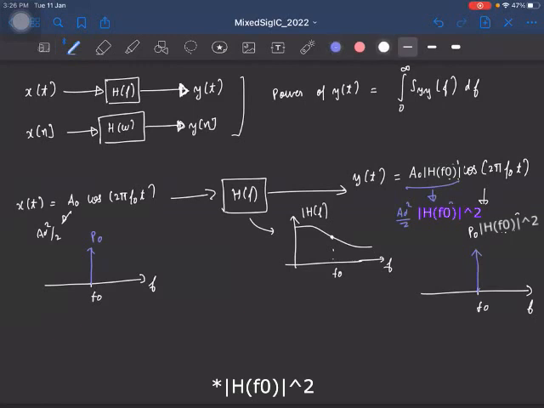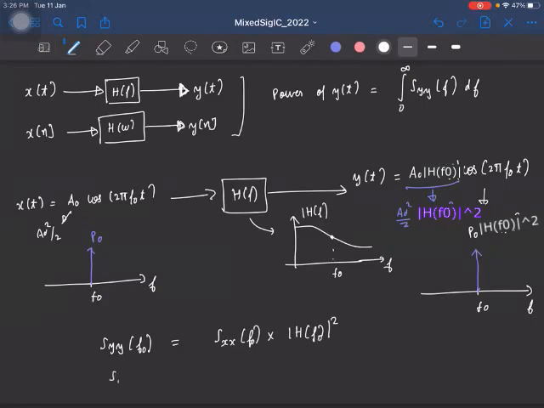So what can we say from this? Well, my output power spectral density is simply the input power spectral density times mod H of f square, right? Or for particular frequency f naught, I find that this is the case.